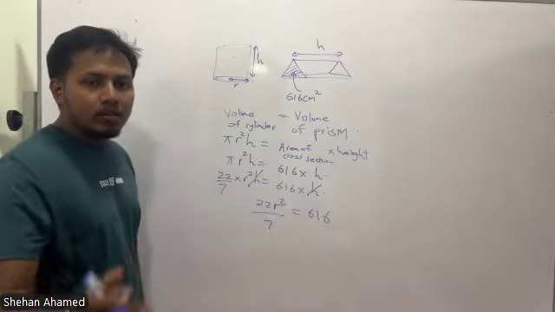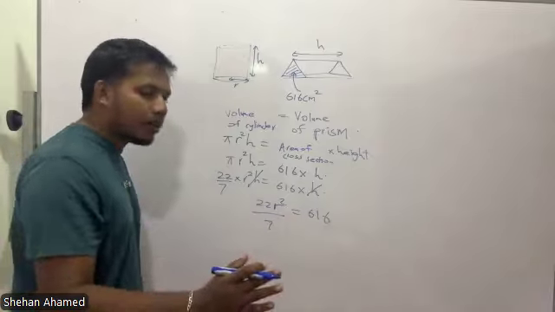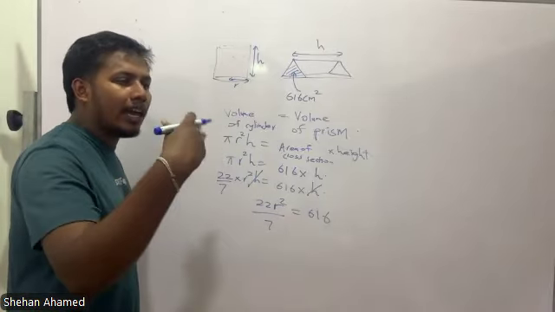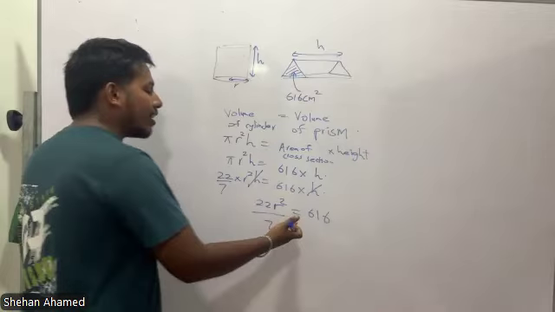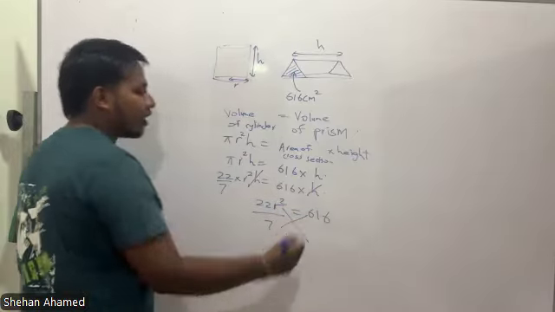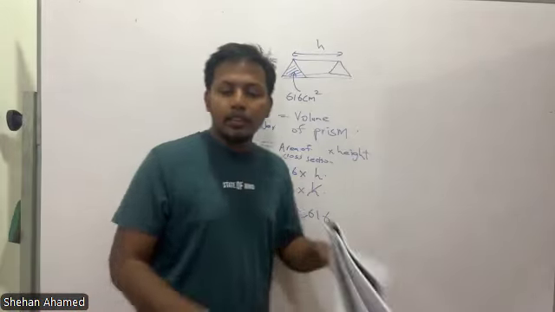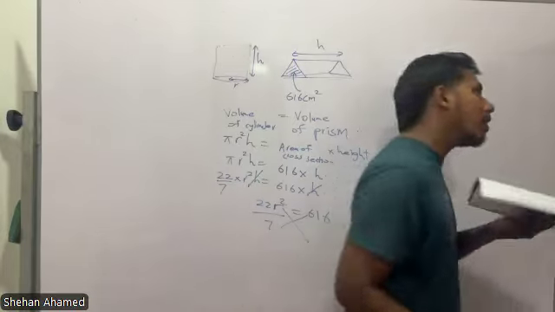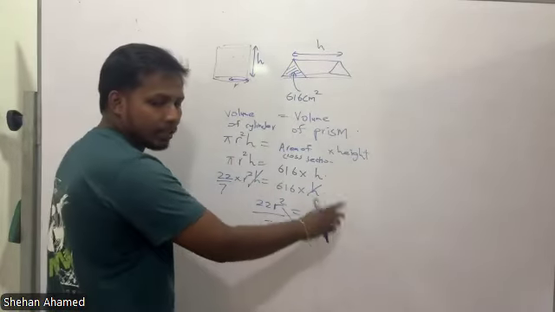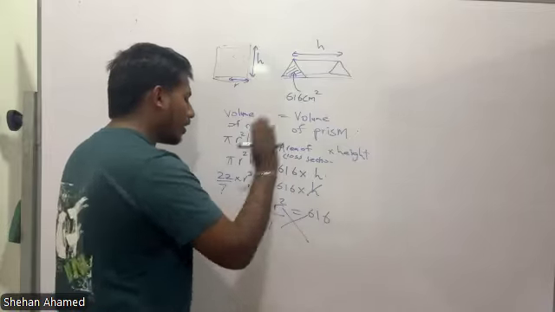Now, if there's an equal sign, students, remember to get the value of r or any x or y, any algebraic term, remember to use cross multiplication or else the butterfly method. Some teachers say that this is the butterfly method, like the wings of a butterfly. Right.